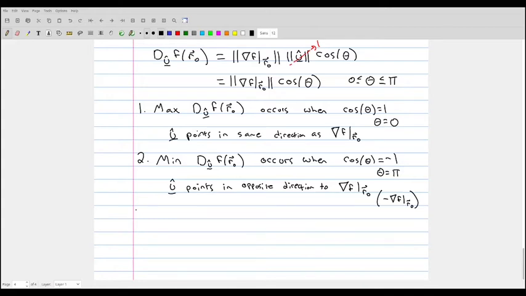And the third thing that this tells us is that the directional derivative is 0 when cosine of theta is equal to 0, where theta is equal to pi over 2, 90 degrees.